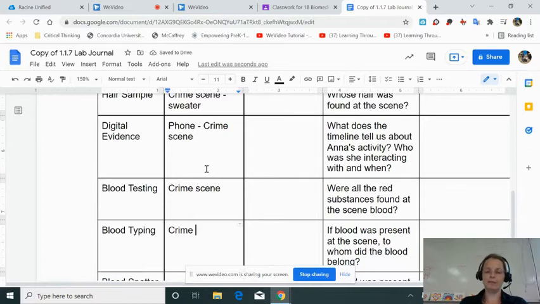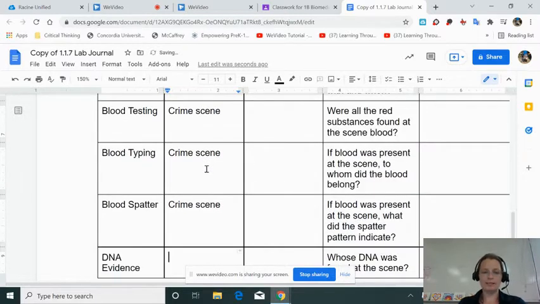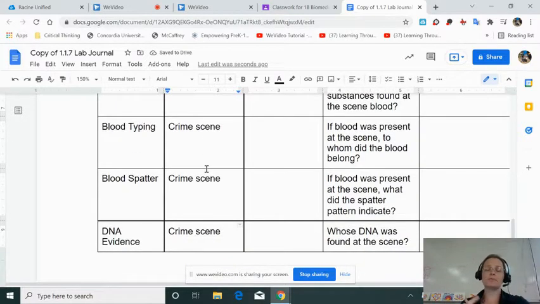The only thing that varies is where within the crime scene. But we'll put crime scene, and that'll be good enough. And let's see, DNA evidence again. Okay. All the evidence was found at the crime scene other than the statements from the people of interest.